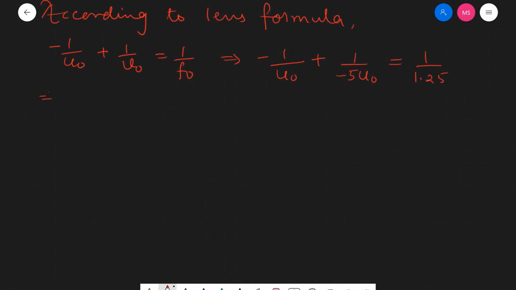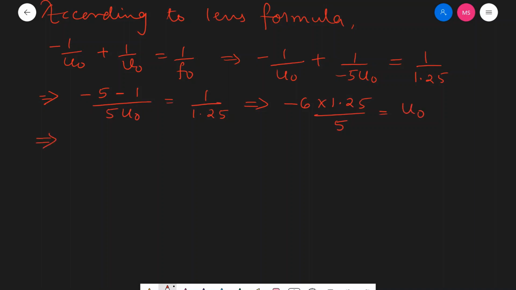So if you simplify this, we will get minus 5 minus 1 upon 5 UO is 1 by 1.25. So this implies that minus 6 into 1.25 by 5 will be equal to UO.